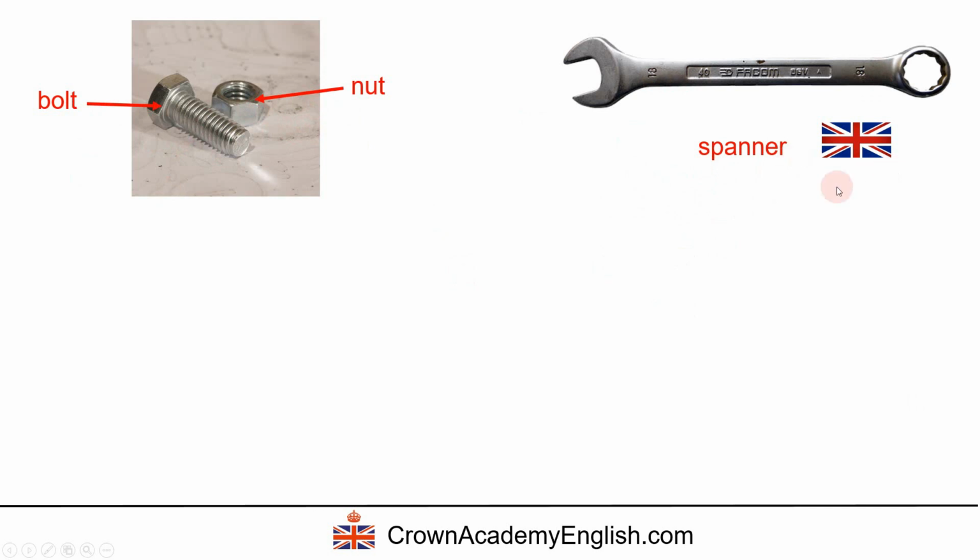Spanner. And the Americans call this a wrench. A wrench. Okay? So the W is silent. Wrench. Okay? But in British English, we call this a spanner.